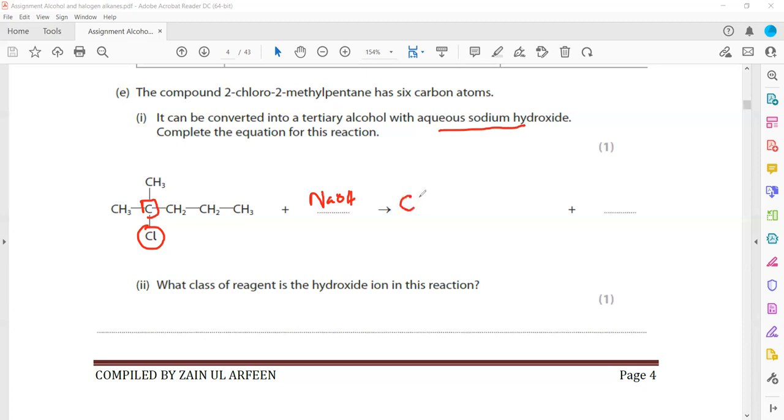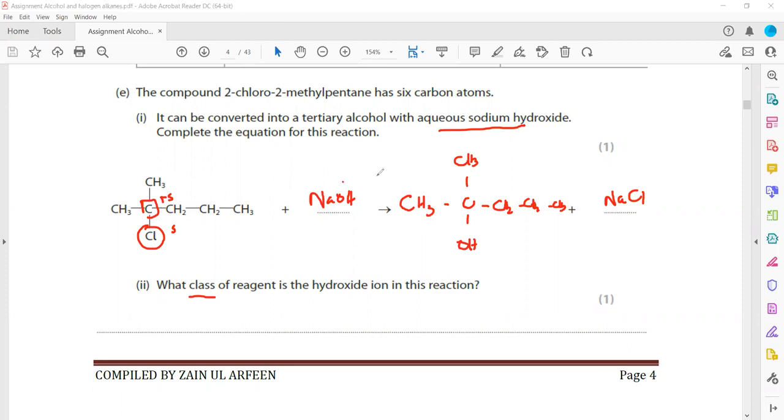So as a result, a tertiary alcohol will be there, plus NaCl.